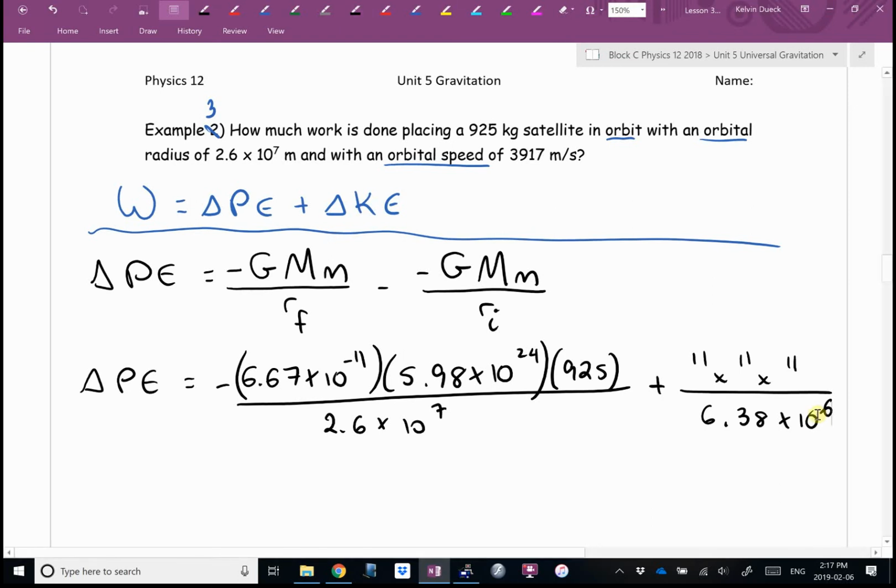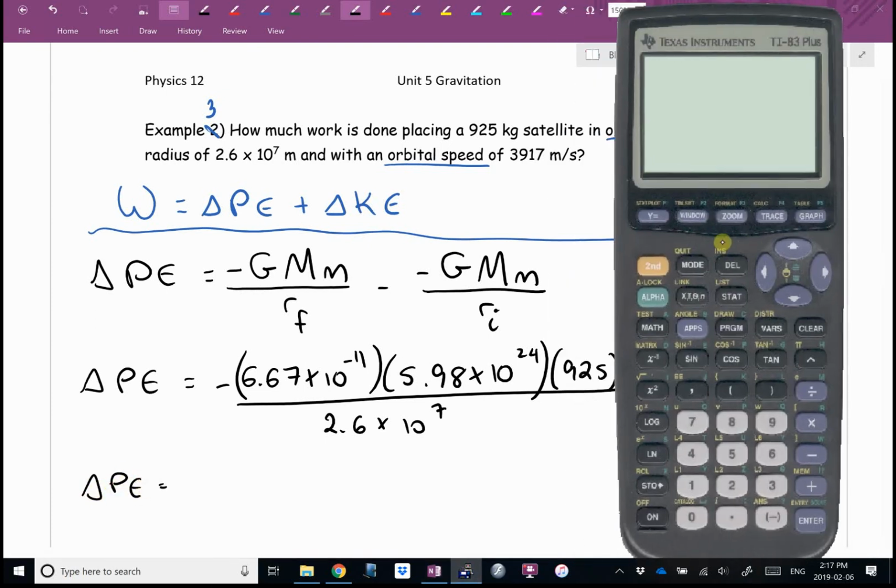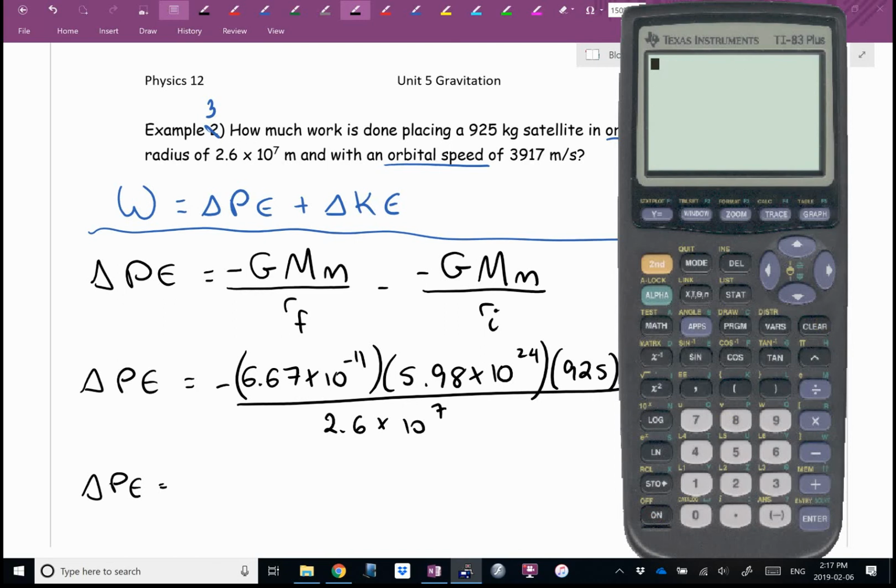So I'm going to do these one term at a time. Some of your calculators, you might be able to go back more than one line. If you can, I notice that I'm often typing negative 6.67 times 10 and times 5.98.